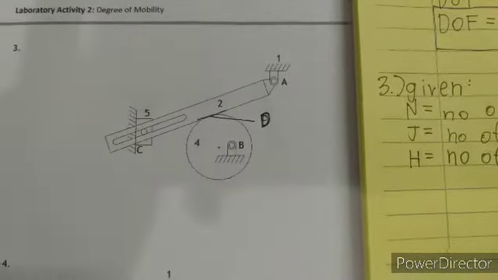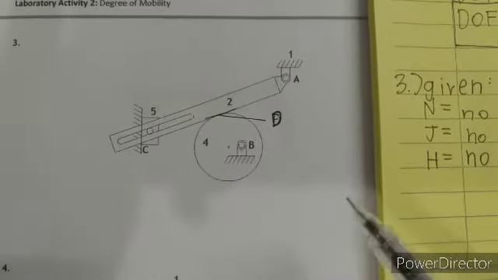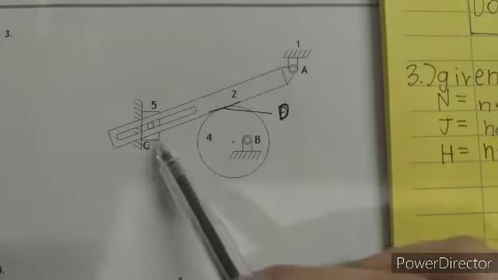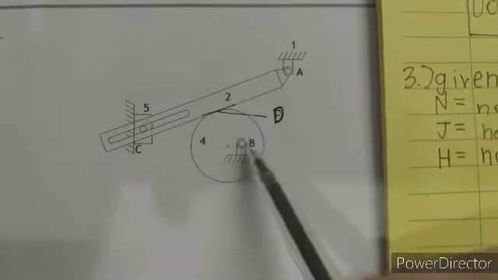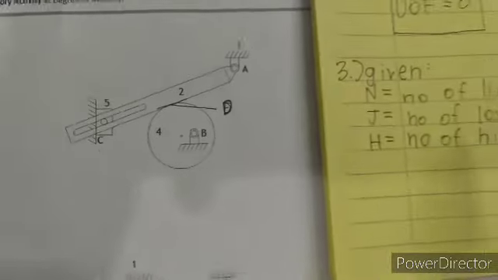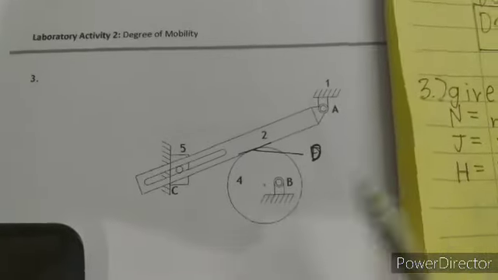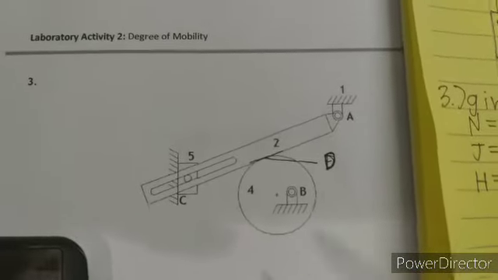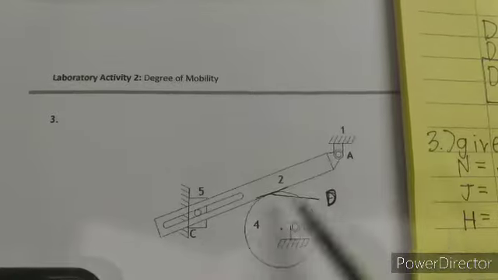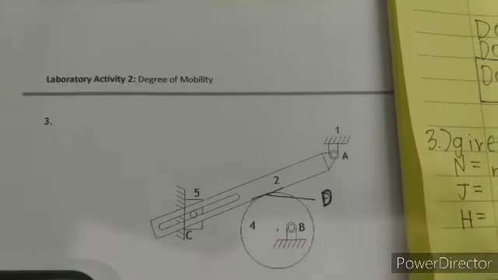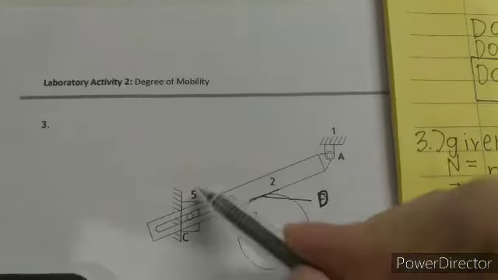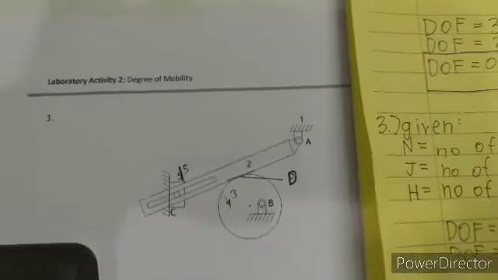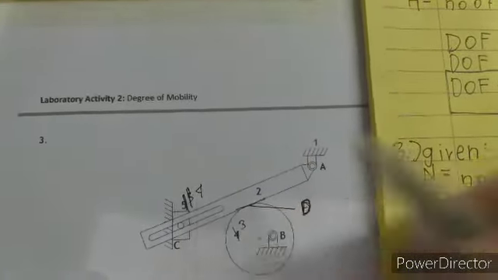We can see that the numbers correspond to the links and that the letters correspond to the joints or the pairs in this mechanism. So to count our number of links, we actually want to correct an error or a typo in this question, in that in the number of links, there are only 4. So this would be link 3, and this would be link 4, I'm sorry.